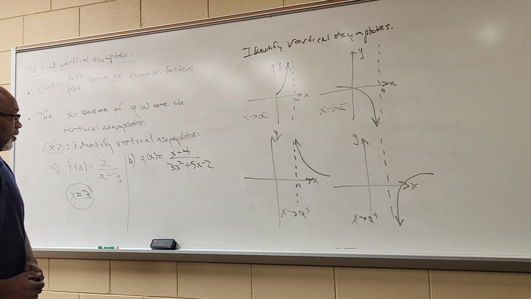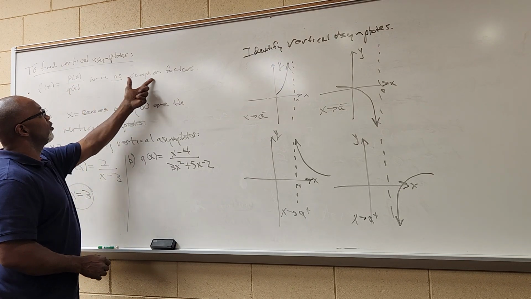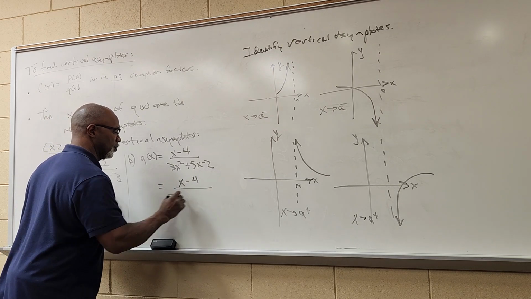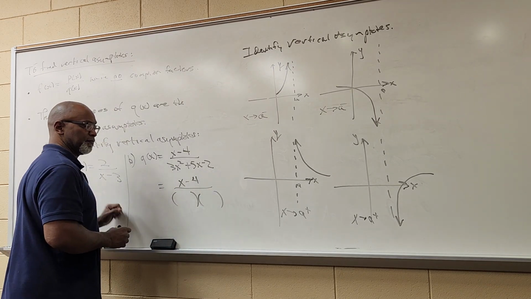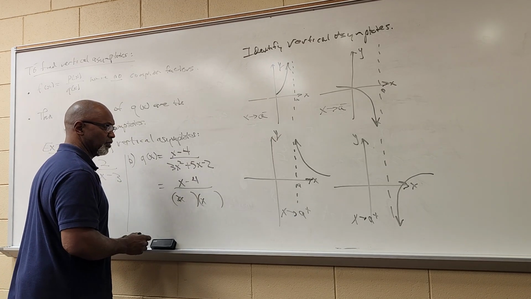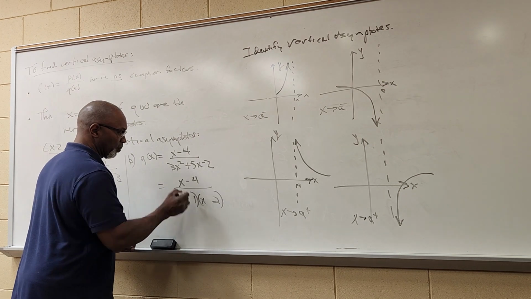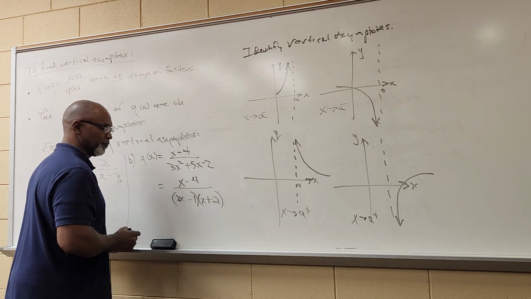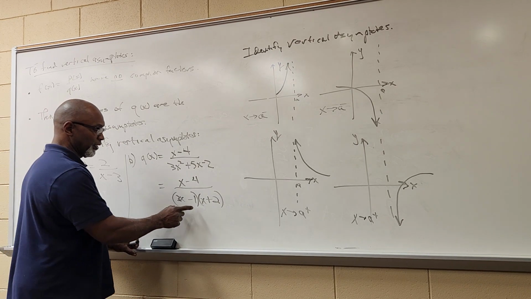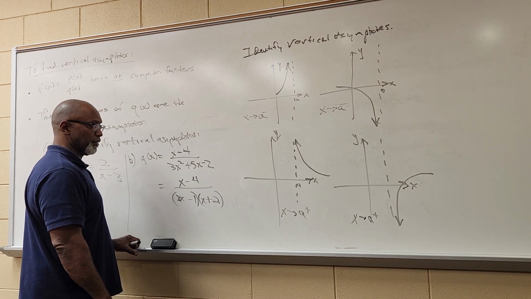Well, I've got to make sure that p of x and q of x have no common factors, so I've got to factor first. I need to factor that denominator. That's got to be a 3x and an x. The only way to get a 2 is a 2 and a 1. I need a plus 5, so that'll be positive, that'll be negative. So there's my fully factored form. And you could FOIL this out, and you'll get 3x squared plus 5x minus 2 back.